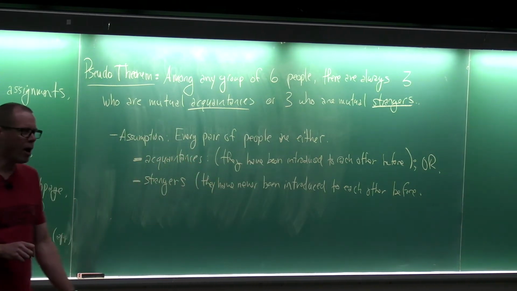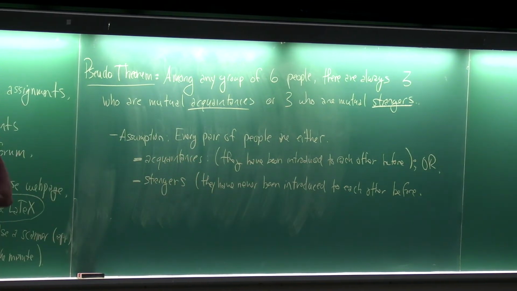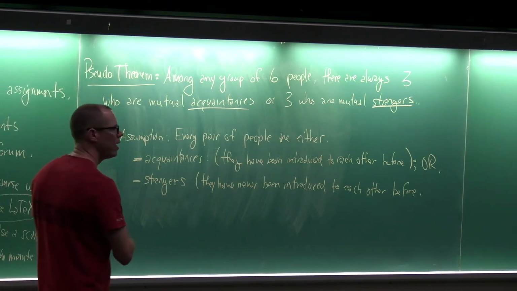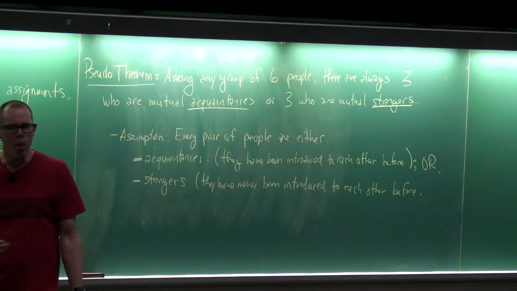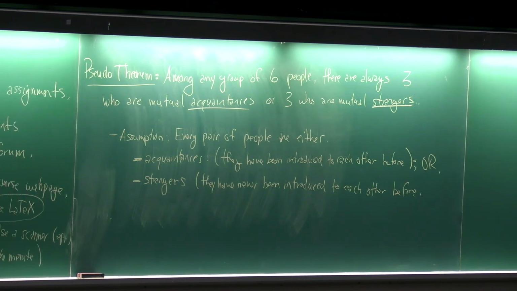So take any pair of people, and there's a binary classification of them. They're either acquainted with each other because at some point in the past they exchanged their names, or they're strangers because that never happened in the past. For example, in this class, most of you are strangers to me, and I'm a stranger to you, because we have never formally introduced ourselves to each other.